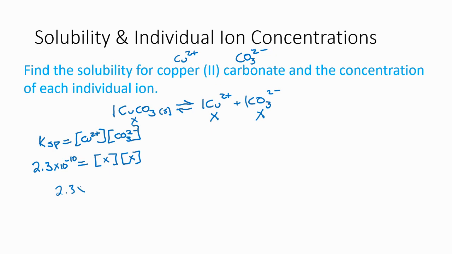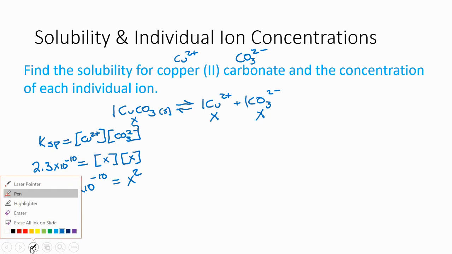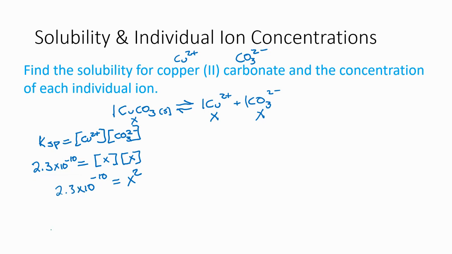2.3 times 10 to the minus 10 is equal to X squared. So if I wanted to solve that, all I really need to do now is to take the square root of both sides of the equation. When I do that, let's see what it comes out to.